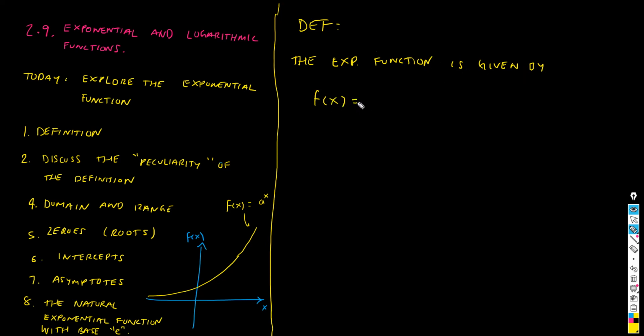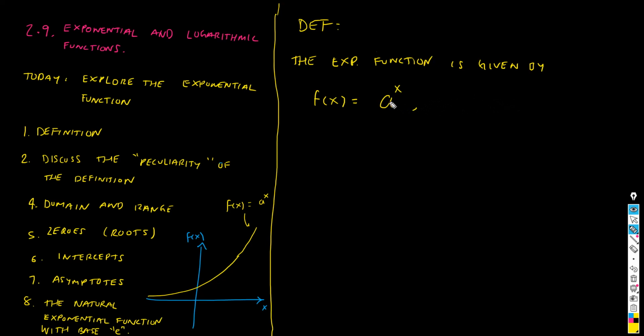f of x equals a, which is a constant, raised to our independent variable, which is x, with some requisites or some constraints. Very important constraints. You should not forget about what I'm going to write next.